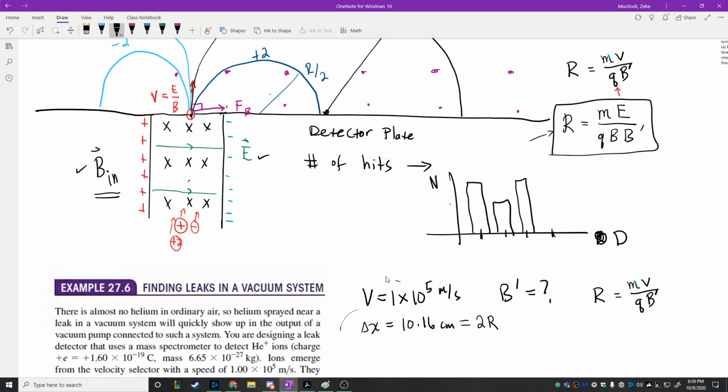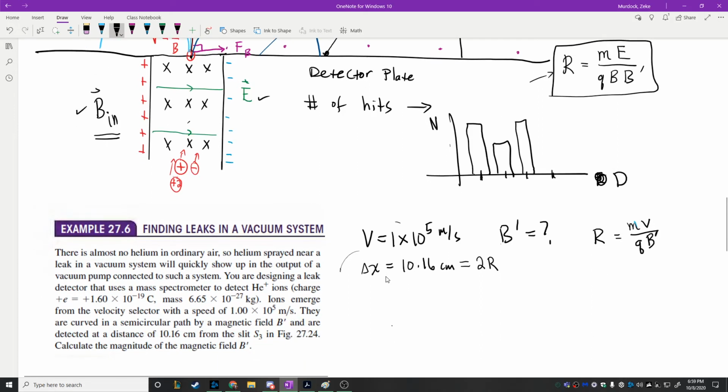So this would be equal to double the radius. All right, so we know what the radius is. We're trying to solve for B prime. From this equation, B prime is equal to mass times velocity divided by charge times the radius. Mass is this.